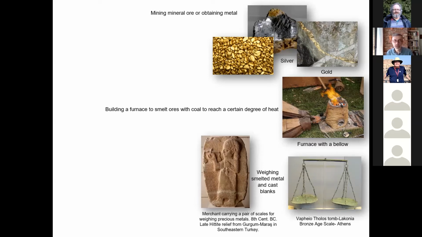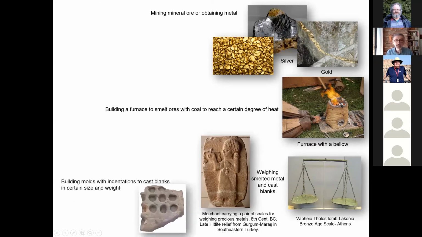Weighing systems were created or invented long before that time. This is really interesting. A limestone orthostat showing probably a merchant holding a small scale, obviously to weigh small items like precious metals.